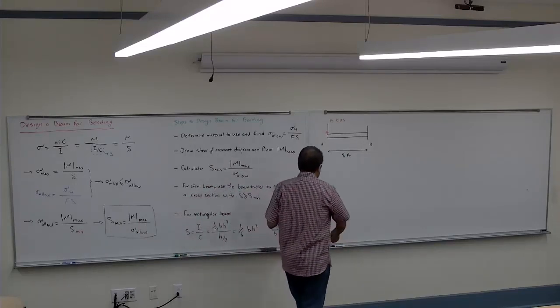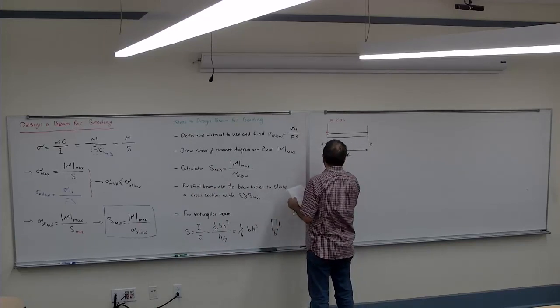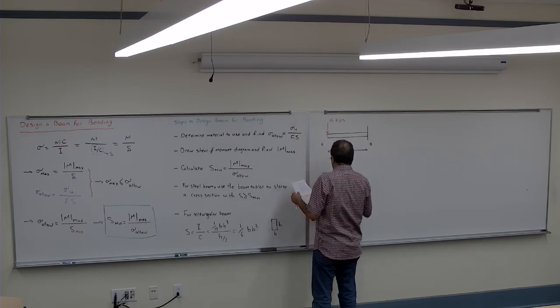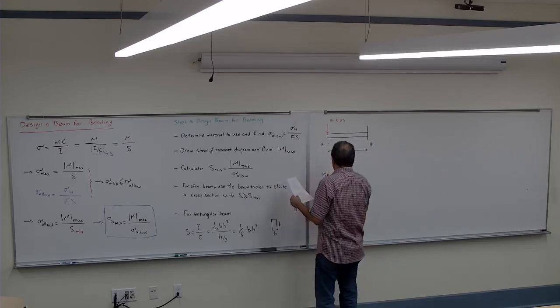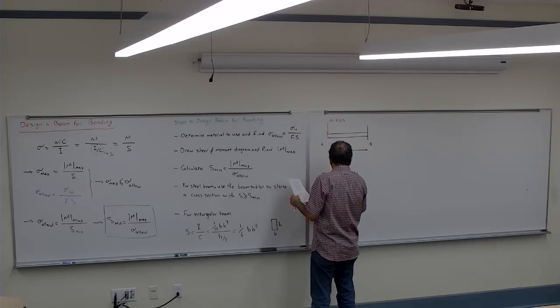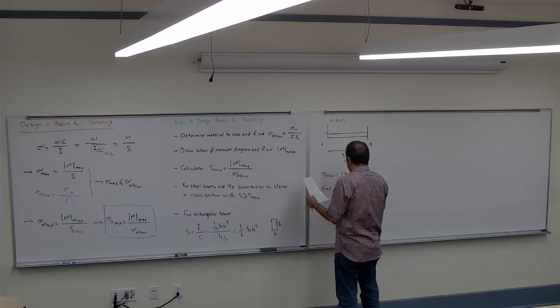So this is a steel and it says that the sigma allowable is 24 KSI, then find a wide flange, or design a wide flange.